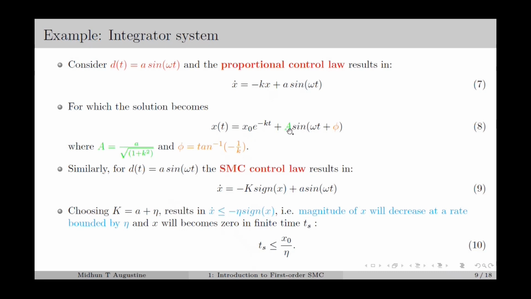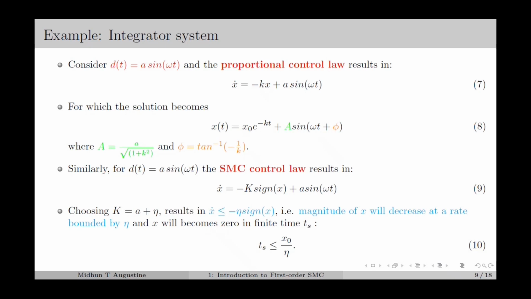Here the magnitude of this oscillation depends on the capital letter A, which depends on the disturbance amplitude small letter a and the linear gain small letter k. Here we can observe that as k increases, the amplitude of oscillation, capital A, decreases. And as the linear gain k tends to infinity, the oscillation amplitude capital A tends to 0.